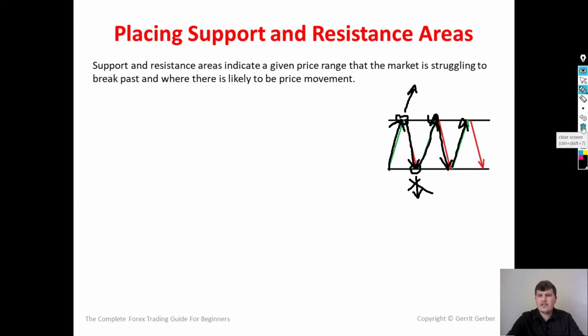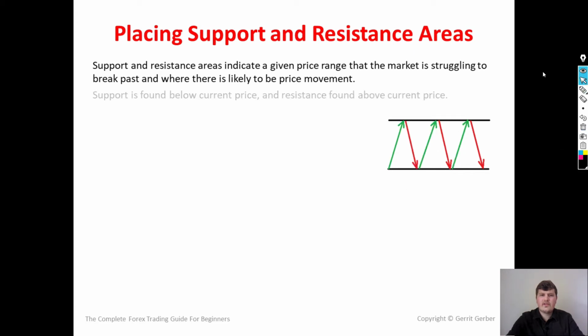And it's important to note that support is always found below the current market price, and resistance is found above the current market price. So for example, let's say we are over here in the market, support is always found below the current price and resistance is found above the current price.